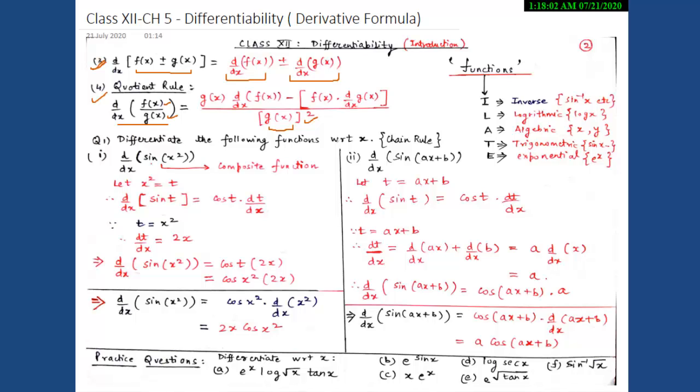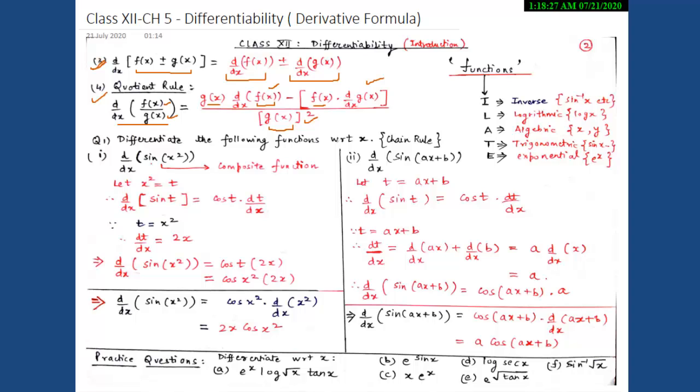And now in the numerator we will take g(x) and then differentiate our function f(x) which is present in the numerator, that is d by dx of f(x). And then we will assign a negative sign and again bracket. And now we will take function f(x) and differentiate the denominator function g(x), that is d by dx of g(x). So this is how we will apply the quotient rule.